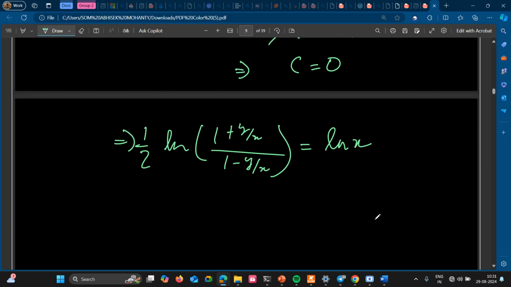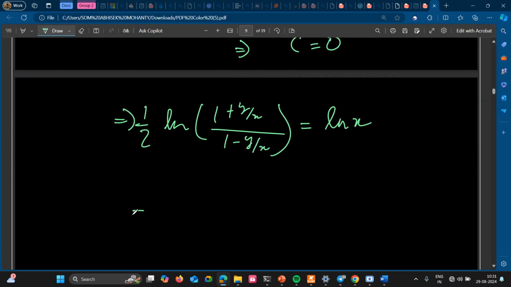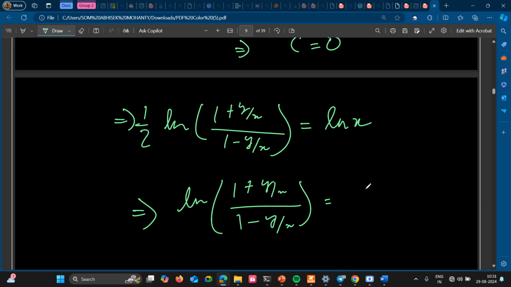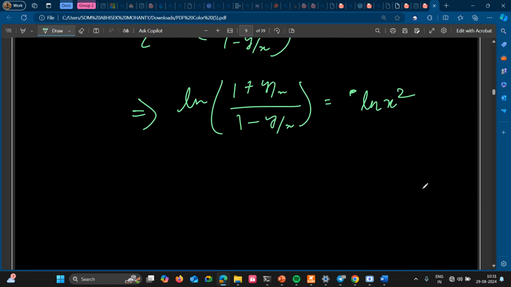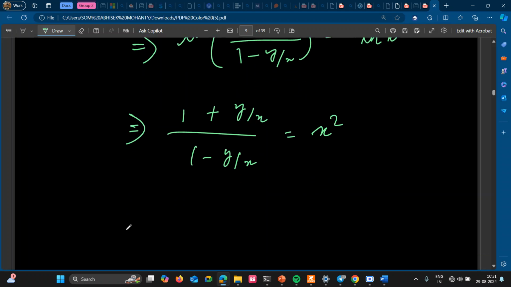We need to target it in terms of y. So let's take the half to the other side. Ln of 1 plus y by x by 1 minus y by x is equal to 2 ln x, which can be written as ln x square. So we can take ln to the other side and it will be completely cancelled out. So 1 plus y by x by 1 minus y by x is equal to x square only. Take the LCM: x plus y by x minus y, x cancelled out, x square.